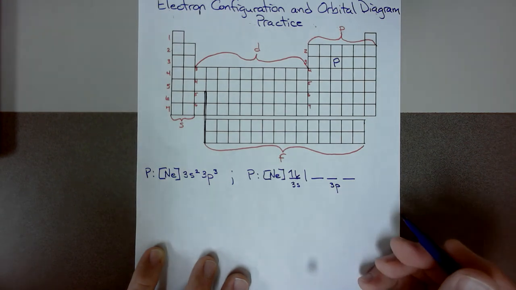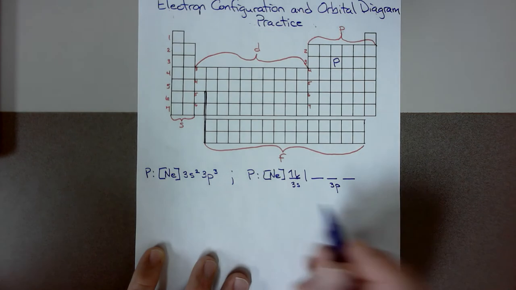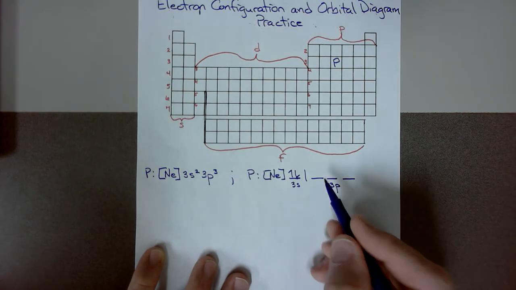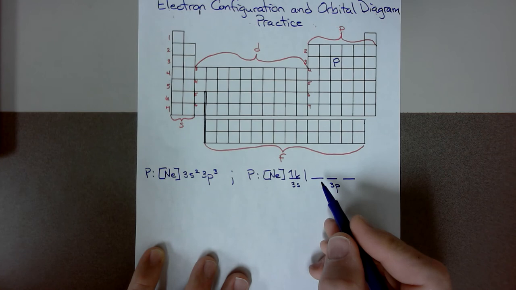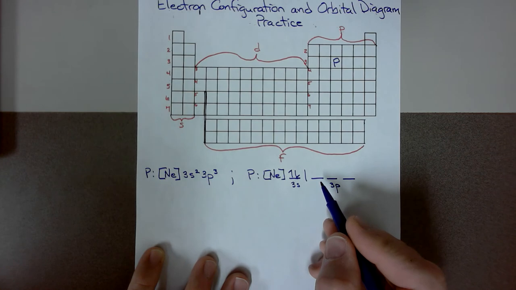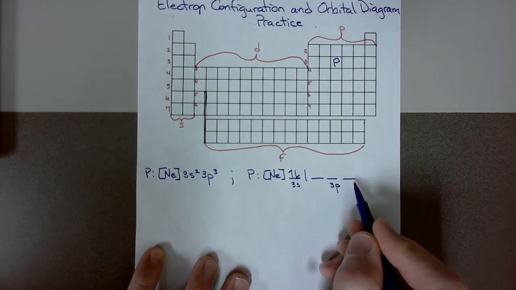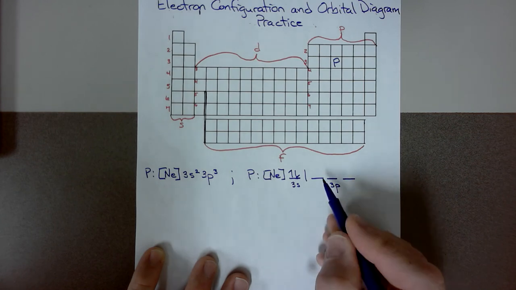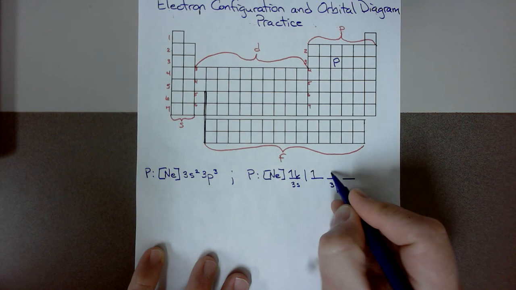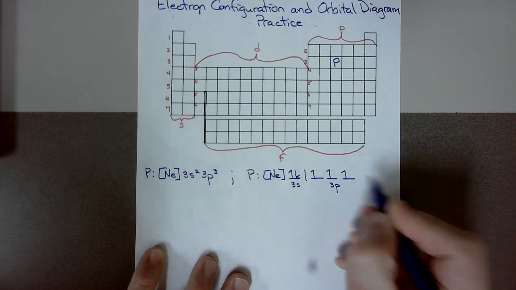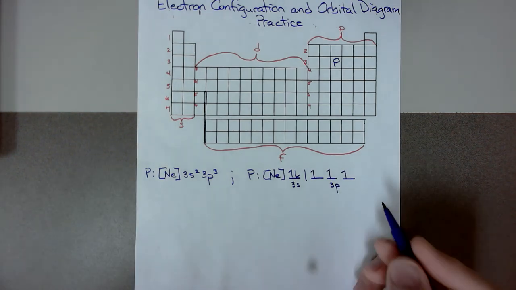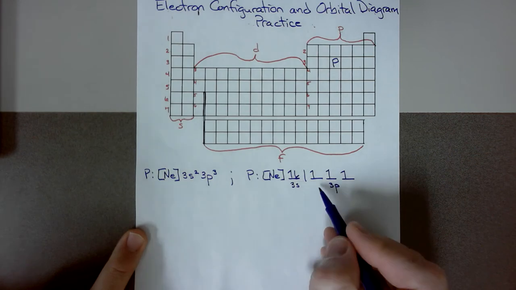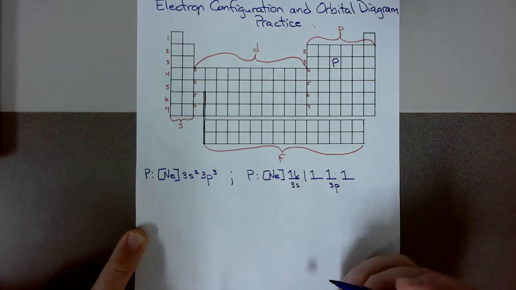And there's 3 electrons. So the next thing is that we follow Hund's rule in that if you have orbitals in the same energy, then you put an electron in each orbital before you double up. So I have 1, 2, 3 electrons. And this shows the 5 valence electrons in the outer energy level.